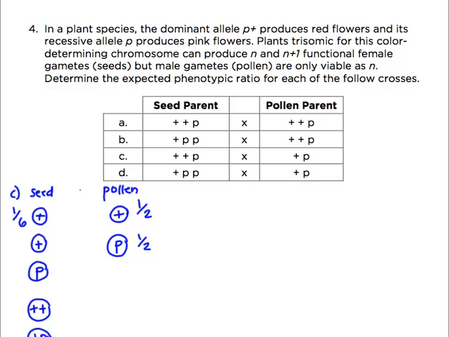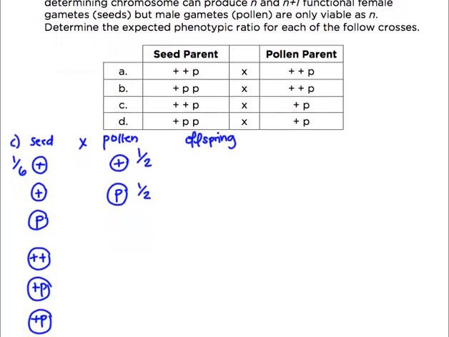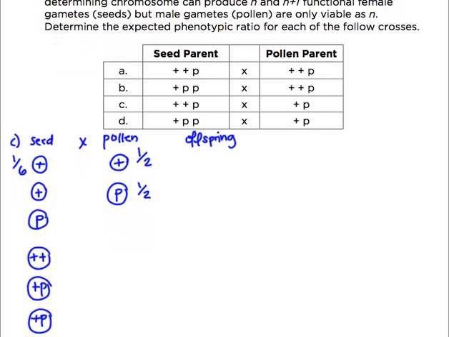Okay, so let's do this cross. So again, these two first gametes are the same, so I'm going to use the same simplification as before. So instead of it being 1/12 will be plus plus, it's going to be 2/12. And then it would also be 2/12 plus P. And that takes care of these two gametes.